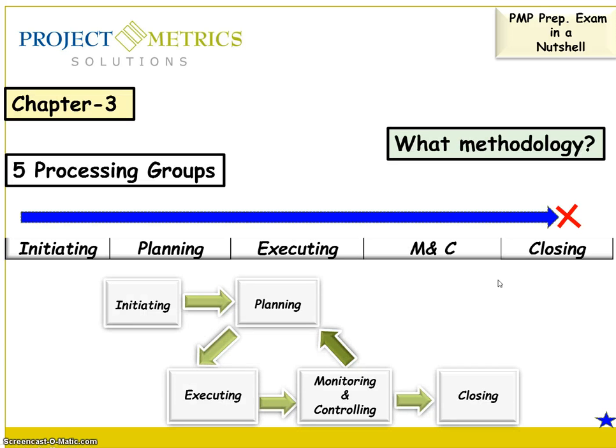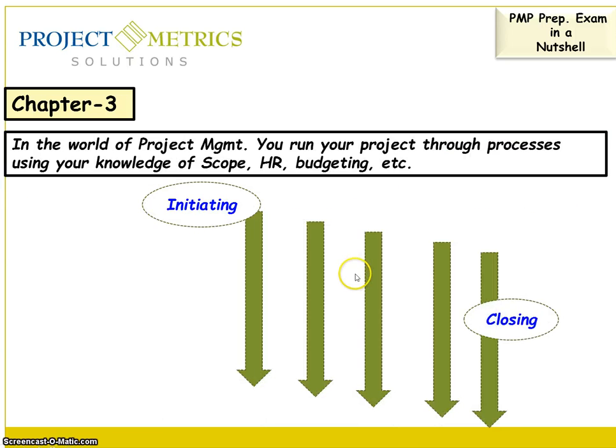Now, we are going to take you to chapter 3 before I take you to how to study from chapter 4. What's your strategy to study? Here you see the 5 process groups. It is not straightforward. It is a cycle.